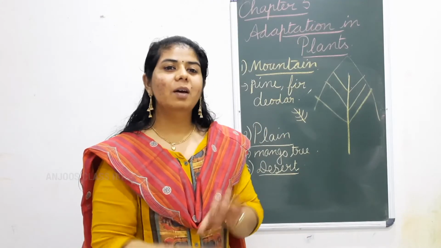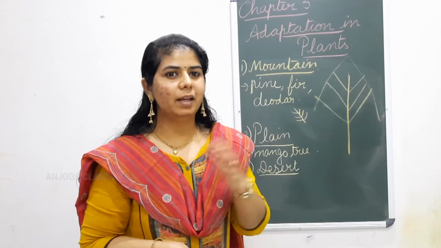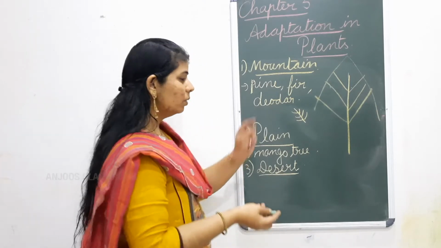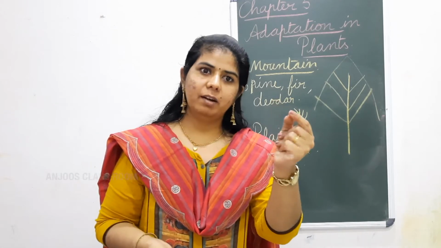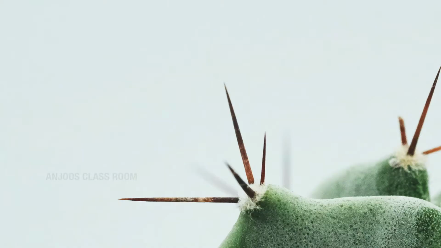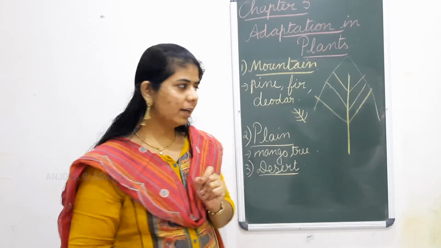Yes, so what is it we are going to see? So from there itself it is understood how are they able to live in that dry desert region. So you are not able to touch it because very sharp spines you can see on it, isn't it? Actually, that sharp spines are the leaves of that cactus. And the green thick fleshy part, no, that is the stem of the cactus. Did you get that much?